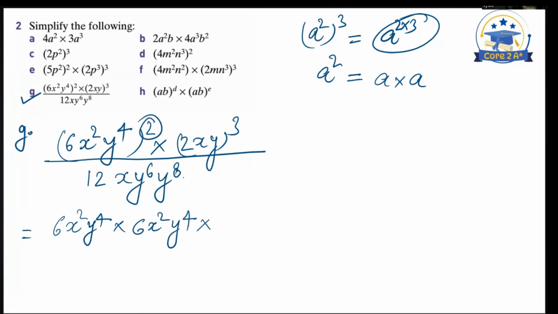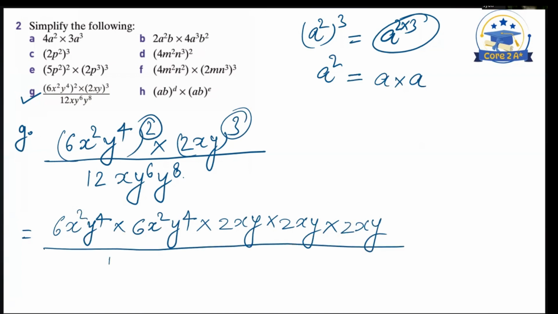Multiplied. How many times do we have to write the second term? 3 times because of this power. 2xy times 2xy times 2xy.